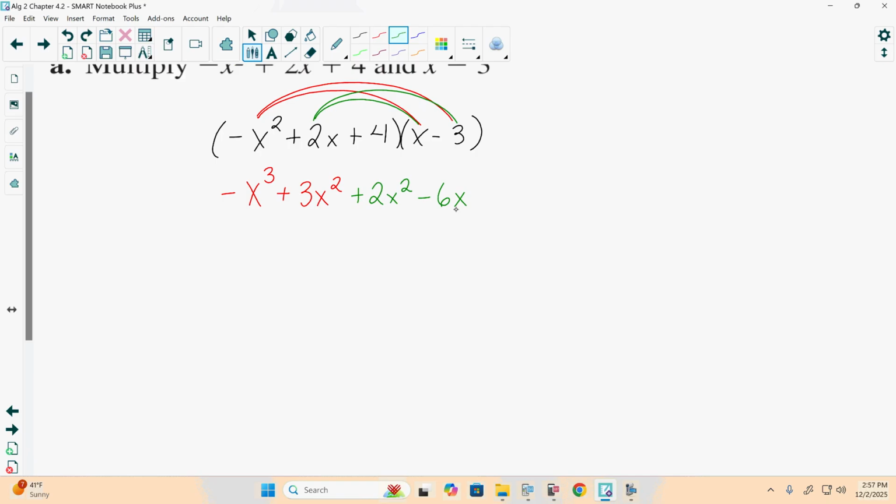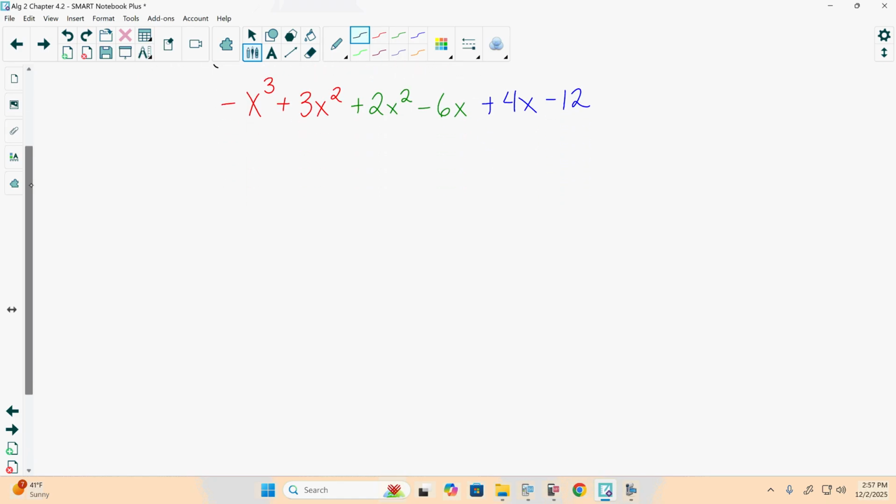And lastly, we need to distribute the 4. 4 times x, positive 4 times positive x, is positive 4x. And positive 4 times negative 3 is negative 12. Yep. Questions on this here?